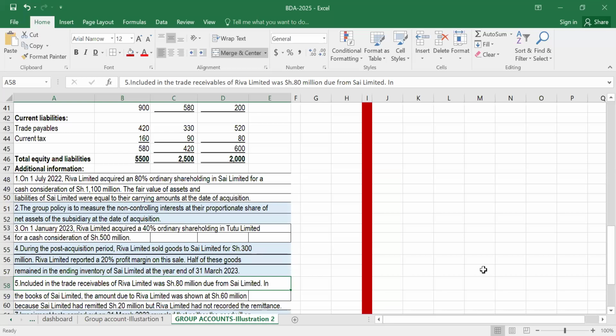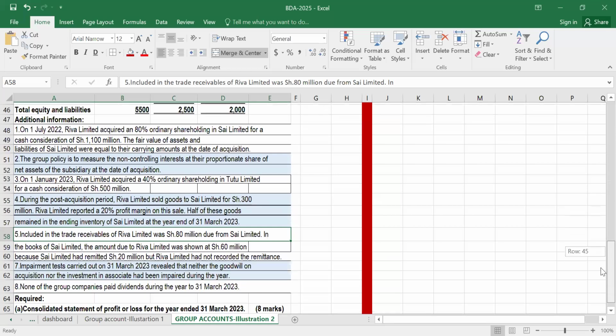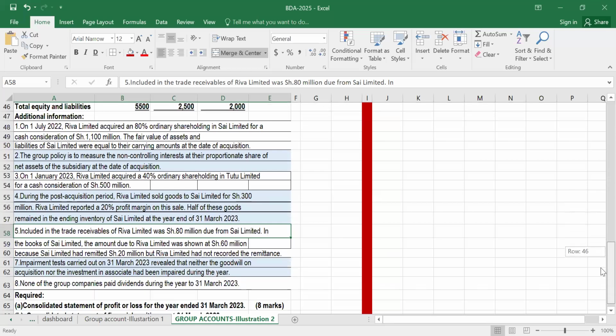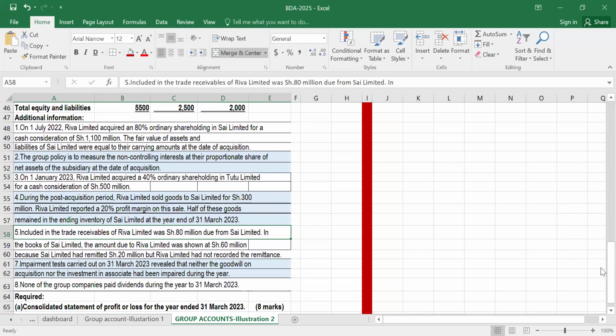Number 5, we are told, included in the trade receivables of Zi Limited was 80 million due to Zi. In the books of Zi, the amount due to Zi was shown as shillings 60 million, because Zi Limited had remitted shillings 20 million, but Zi Limited had not recorded the remittance.